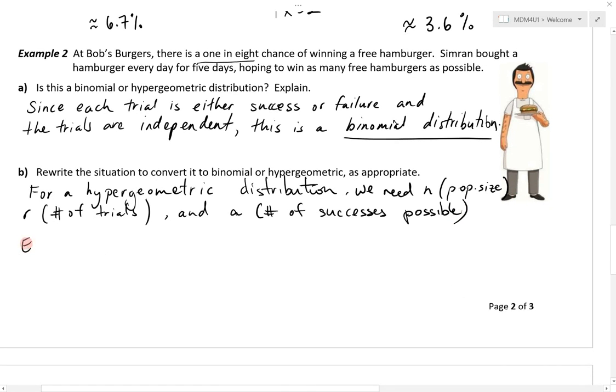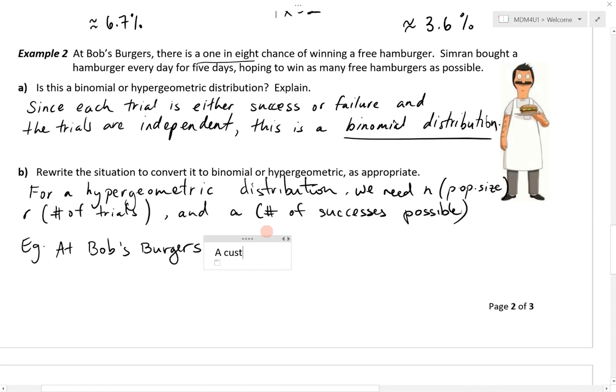Okay, so let's rewrite this. So let's give an example. So at Bob's Burgers, in fact, maybe I can type this out to be more efficient. So let's see, at Bob's Burgers, here we go.